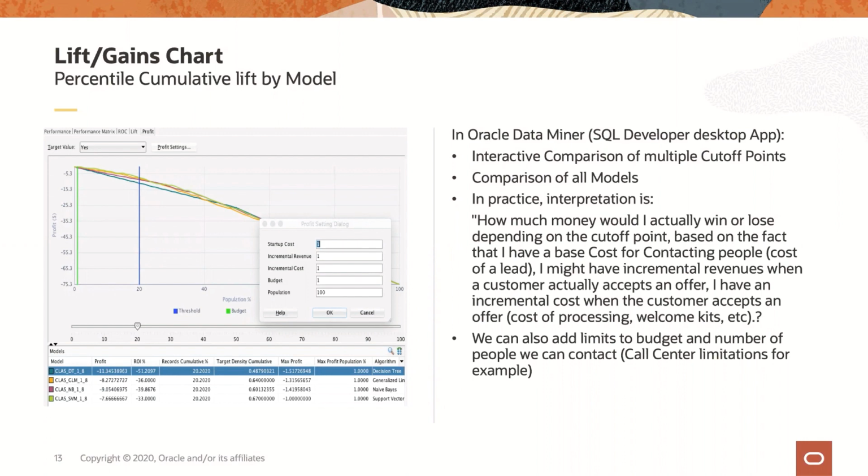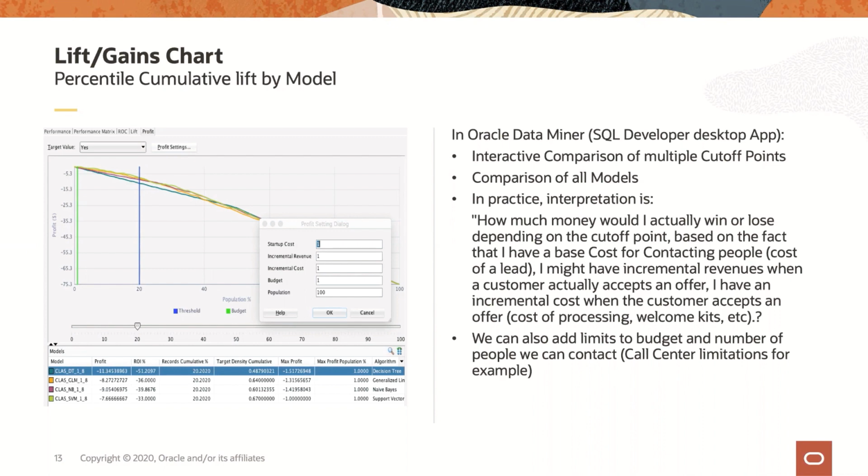But then you also have an incremental revenue, which means if that customer accepts, takes my call, or clicks on my offer and buys my product, how much of that money is incremental compared to a customer that did not click on that. So then you get an incremental revenue.